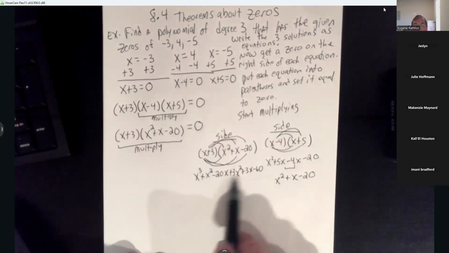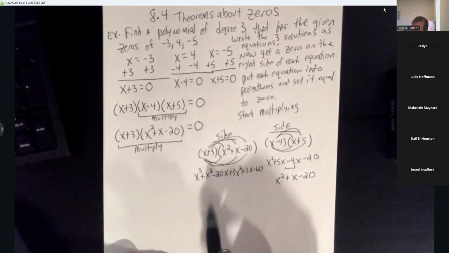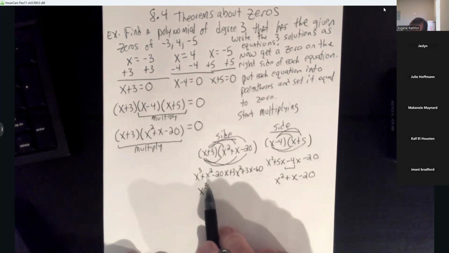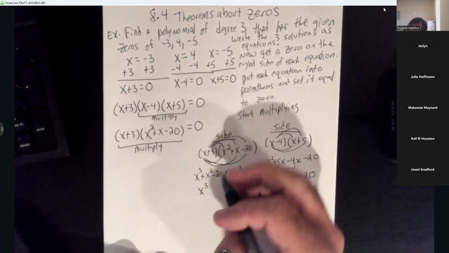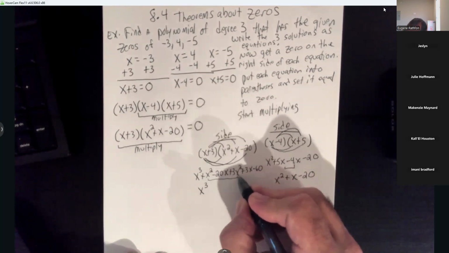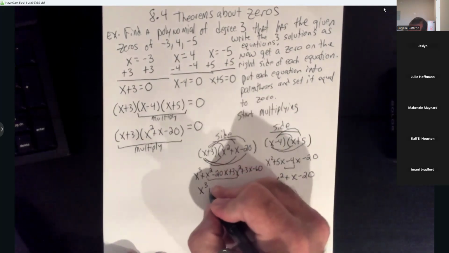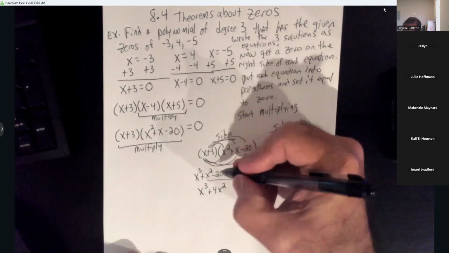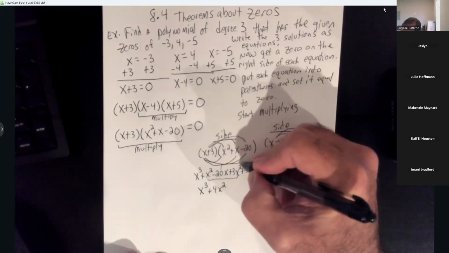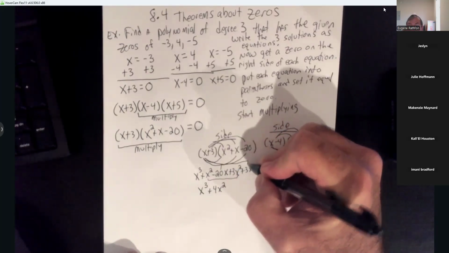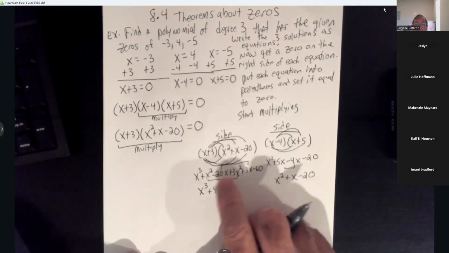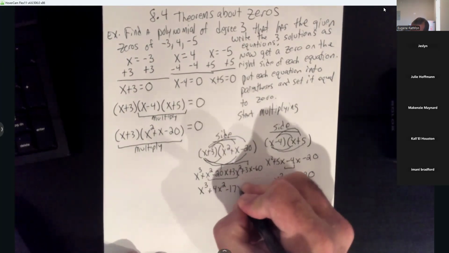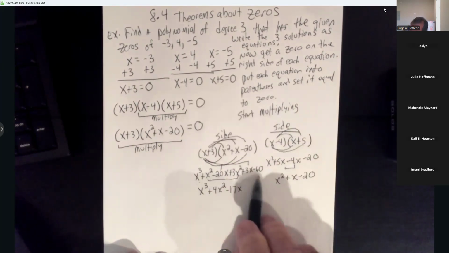All right, y'all, so let's add like terms. You got 1x cubed in the front. You got 1x squared and 3x squareds. That's going to give me 4x squareds. Right here, you got a negative 20x and a positive 3x. So negative 20 and 3 give you negative 17x. So that takes care of everything.